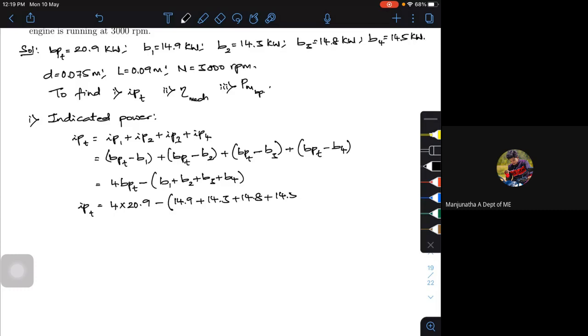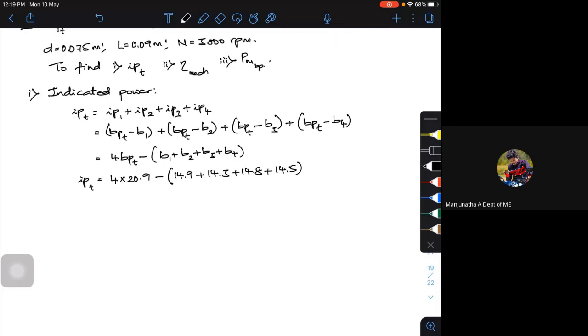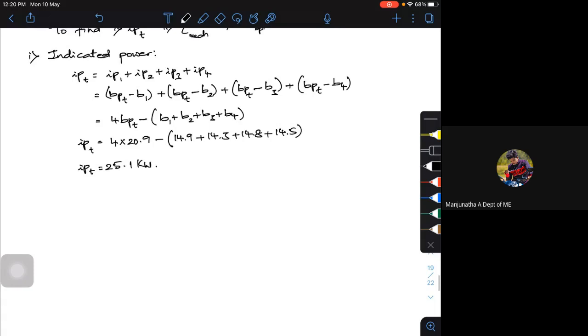All are in kilowatts. If I do this, I am getting around 25.1 kilowatts, so you should get the same number. So this is your indicated power.